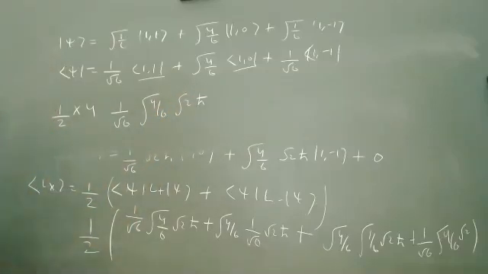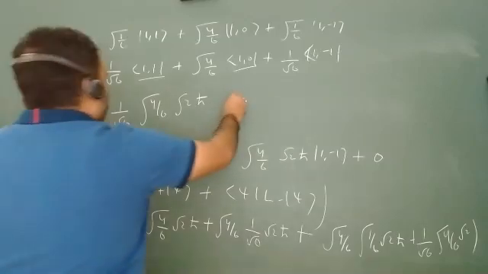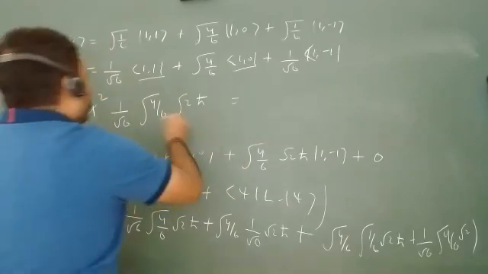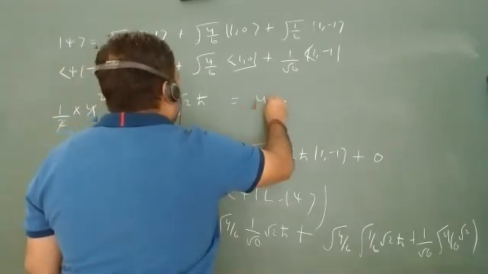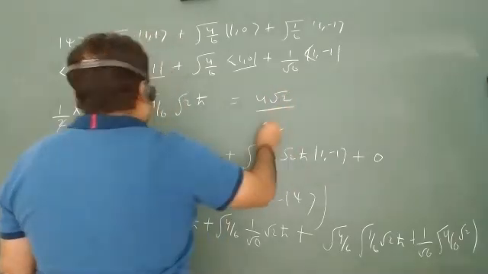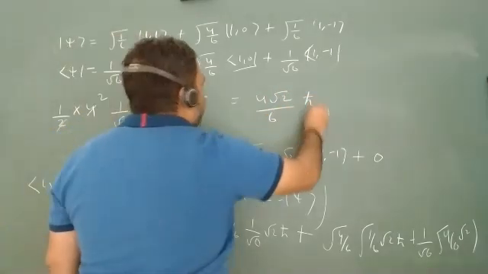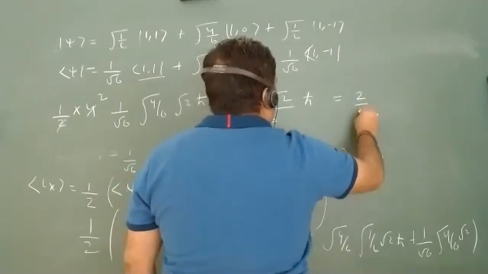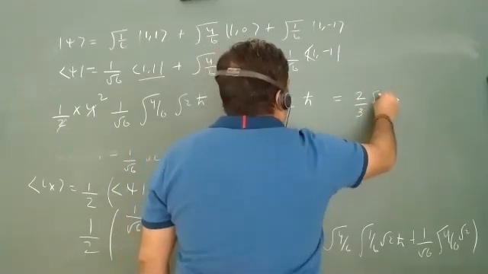And this will be 2, so you have 4 root 2 upon 6 h cut. And then I think this will be 2 by 3 root 2 h cut.